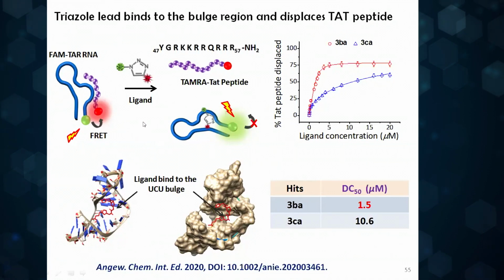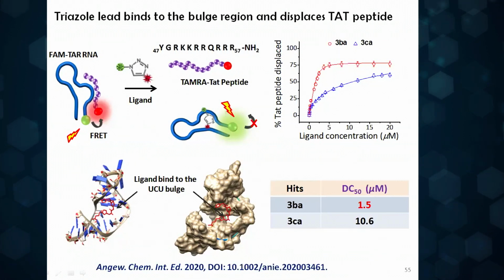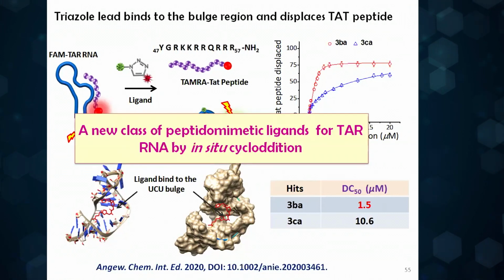This further suggests that these ligands bind in the bulge region of the TAR RNA, which was further supported by the molecular modeling studies. Thus, a new class of peptidomimetic ligands has been developed for TAR RNA by in situ cycloaddition.